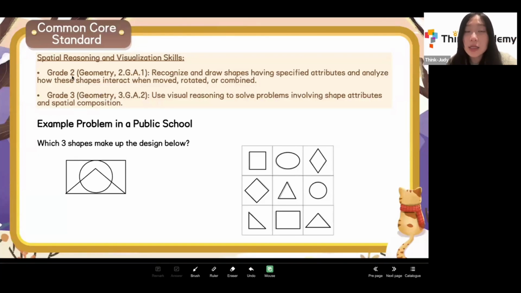For example, in the second grade, we recognize and draw shapes which have specific attributes, and also analyze how these shapes interact when moved, rotated, or combined. So here, this is the first time we learn about rotation. And in the third grade, we also use visual reasoning to solve problems involving shape, attributes, and spatial combination.